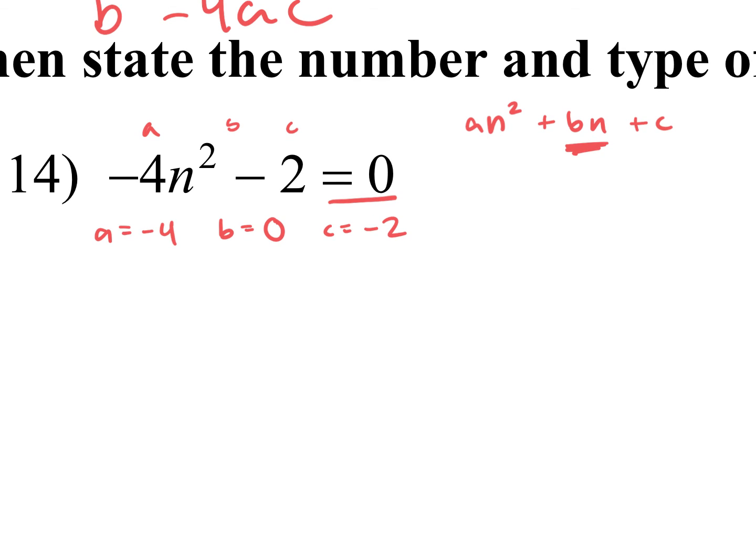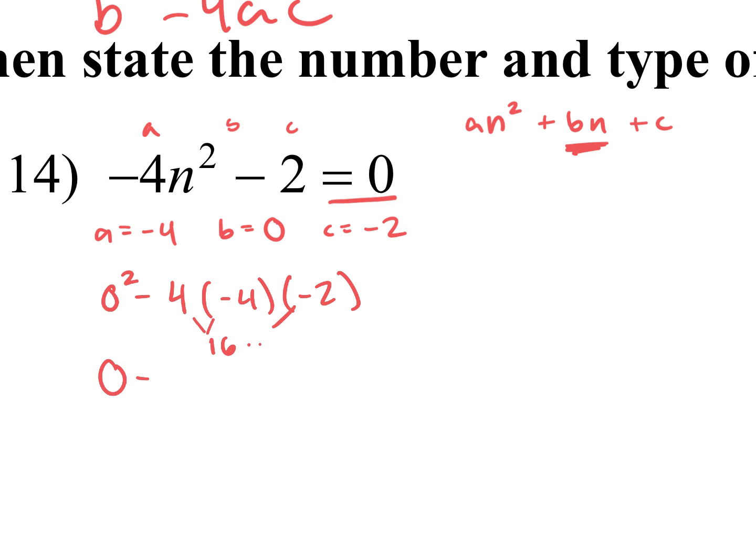So we plug it in. So b squared minus 4 times a times c. What's 0 squared? 0. What's -4 times -4? Positive 16.